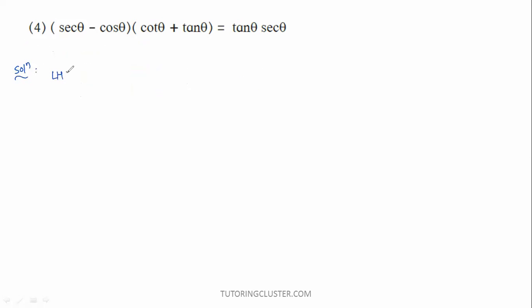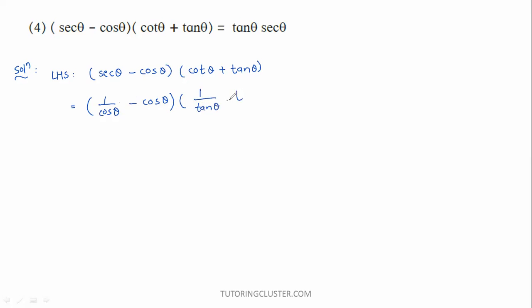Take the LHS here. What is the LHS? Sec theta minus cos of theta in bracket cot theta plus tan of theta. Okay, how to approach? See, we know that what is sec? 1 upon cos. Write it down. What is cot? 1 upon tan. Now do the cross multiplication.